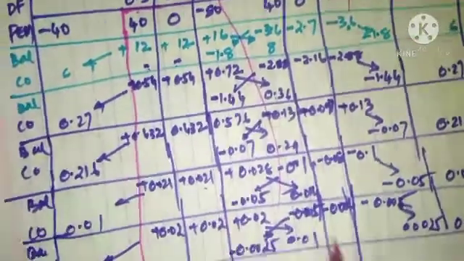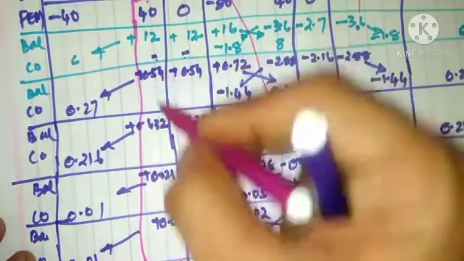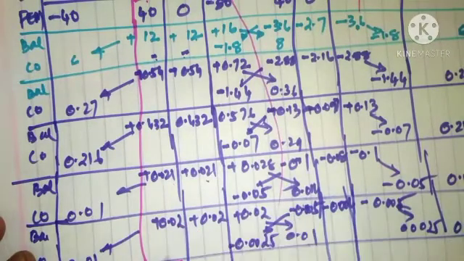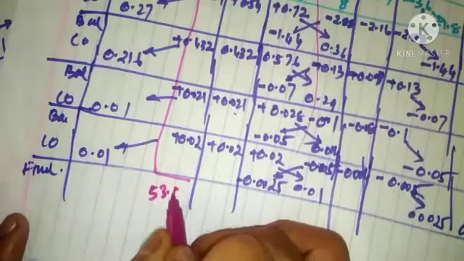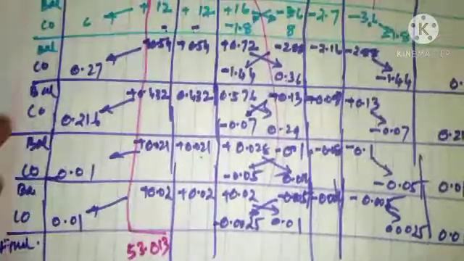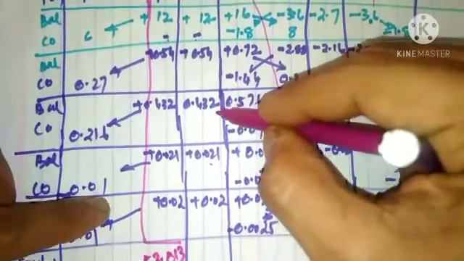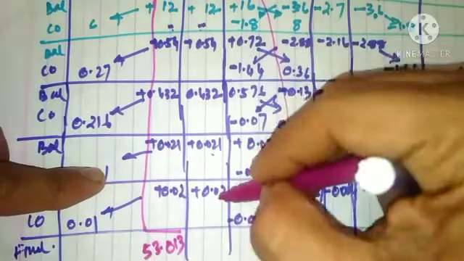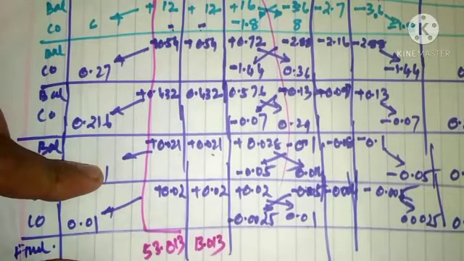If you check this particular moment at B, after addition of 40, 12, 10.5, 0.54, 0.432, 0.21, 0.02, the net moment will come as 53.013. Likewise, if you add all these moments 0, 12, 0.54, 0.432, 0.021, 0.02, after addition we shall get the moment as 13.013.